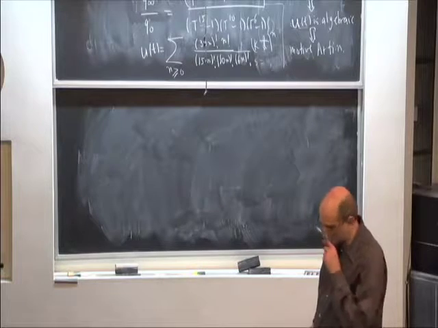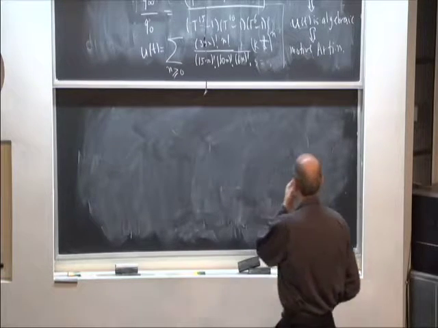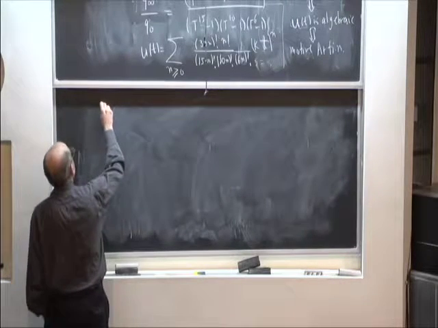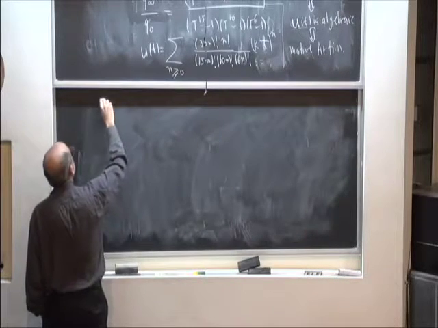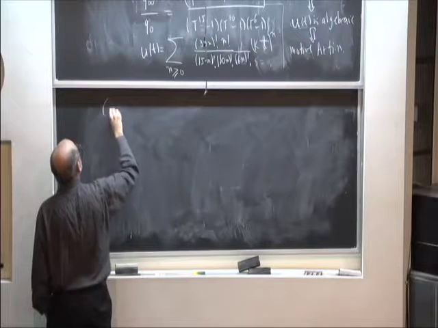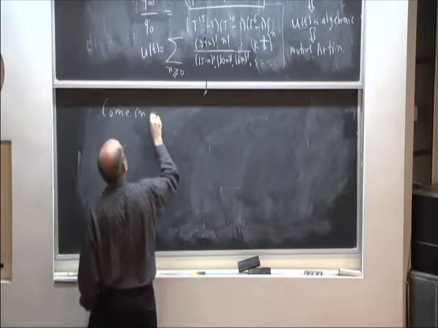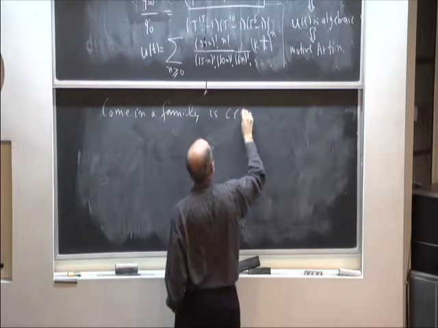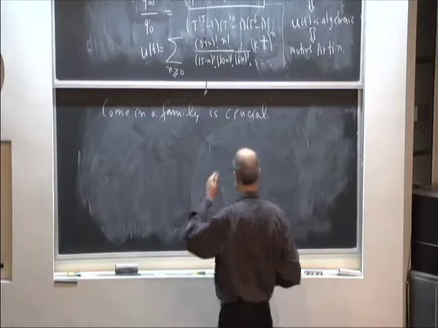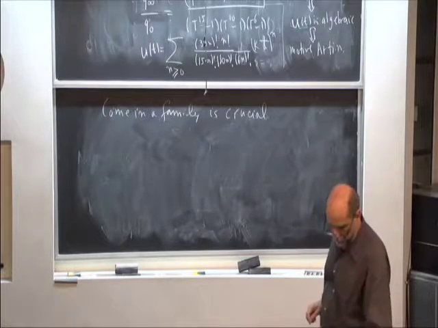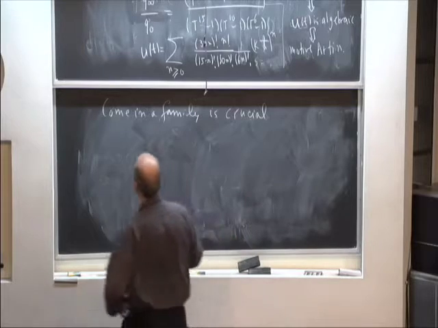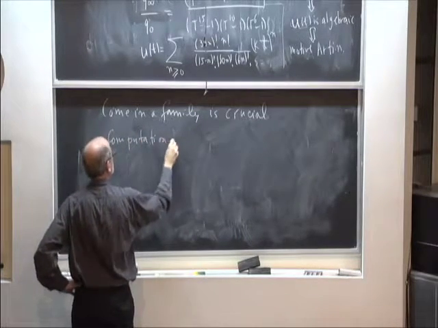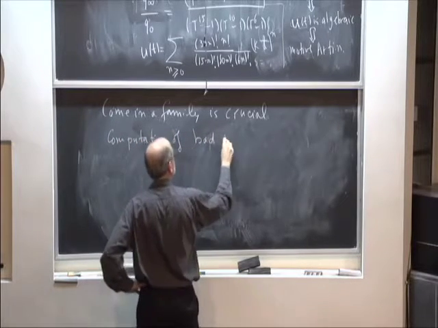So now, one of the things that makes these things computable is that, of course, it's far from a new idea, but the fact that they come in a family, so there's a parameter t, is a crucial thing. So let me tell you what the heuristics are for the computation of the bad Euler factors.